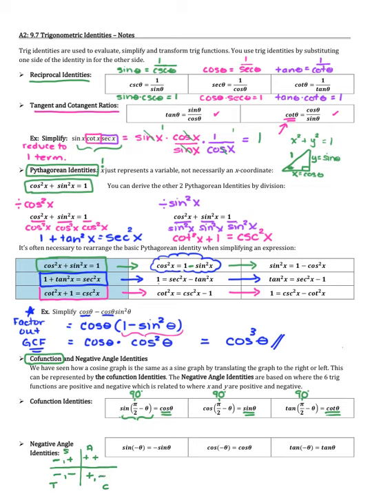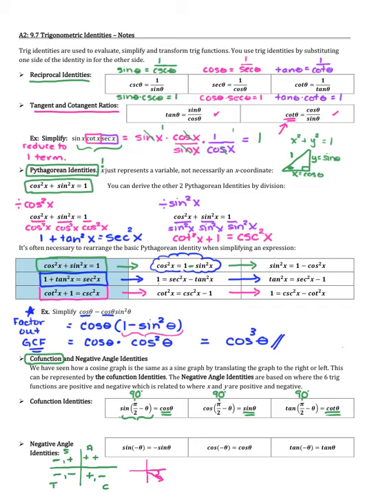Okay, so sine of negative theta, that would be down here. Well, sine of a negative theta in this fourth quadrant would be negative. So the sine of a negative angle is the same as the opposite of the sine.